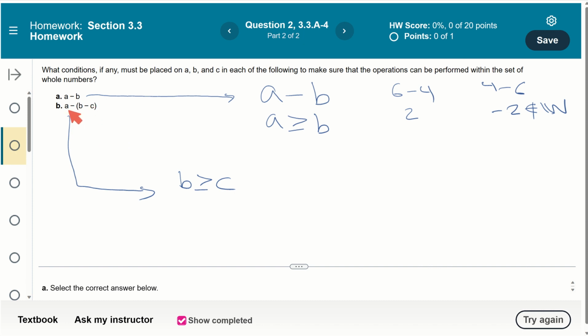So A is going to have to be larger than that whole result as well in order for the result to stay within the set of whole numbers. So not only does B need to be greater than or equal to C, but also A has to be greater than or equal to the result of that subtraction right there. So there are two things that we need to worry about when it comes to that second part. Think about that a little bit, make sure it makes sense before you move on.